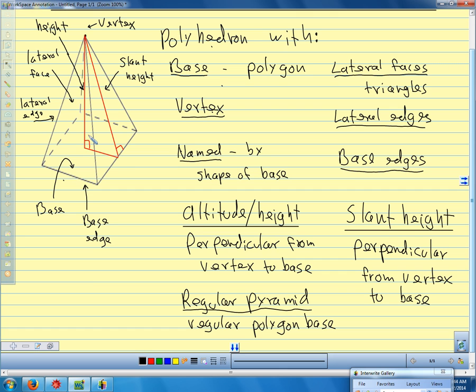In this book, unless they tell you otherwise, we're talking about regular pyramids. So unless they say otherwise, our pyramids are regular, and our altitude, where we find our height, goes to the very center of the base.